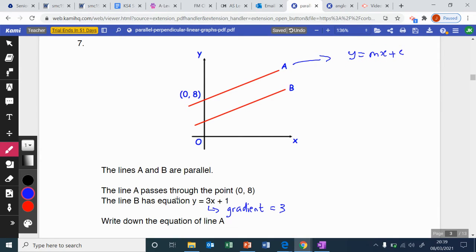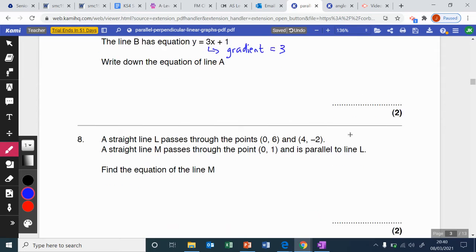And in particular, because we know it's parallel to B and B has a gradient of 3, then our equation A is also going to have a gradient of 3. So that's y equals 3x plus c. And because it goes through the point 0, 8, they've told us that the y-intercept essentially is 8. Because remember, on the y-axis, x is always 0. So we have that that's y equals 3x plus 8.